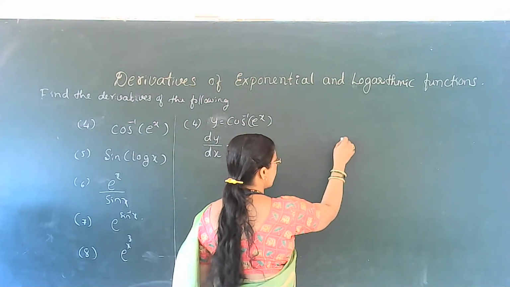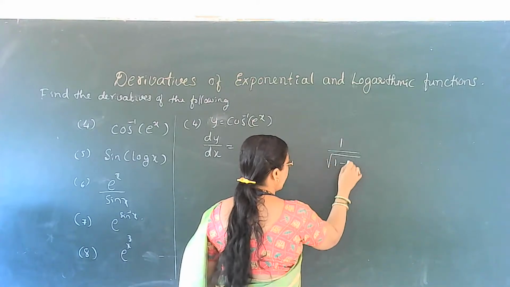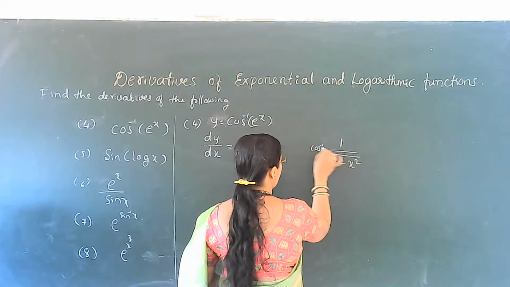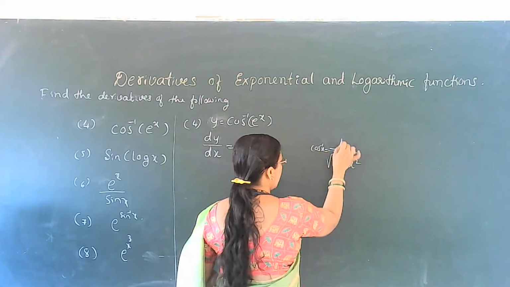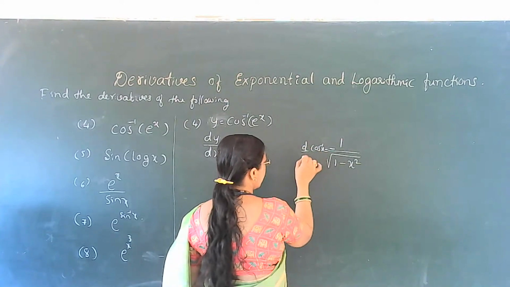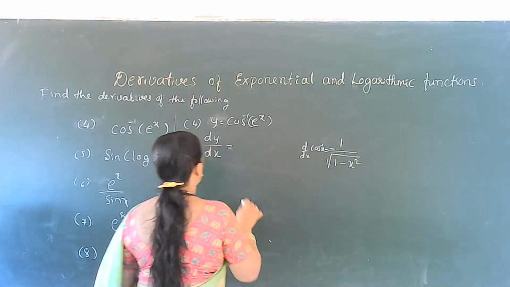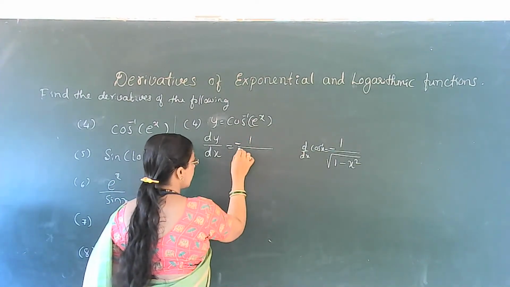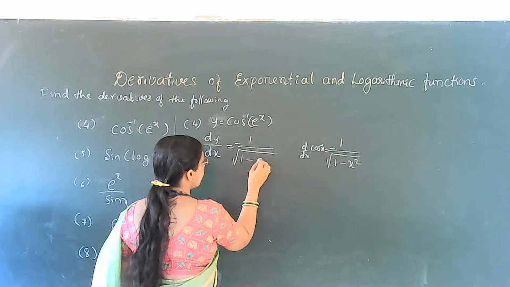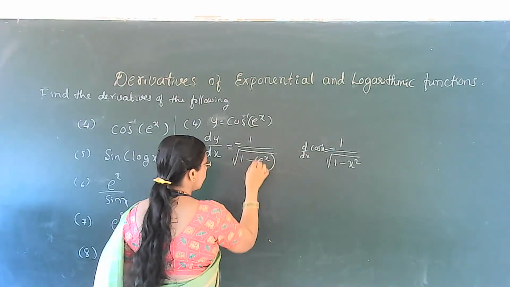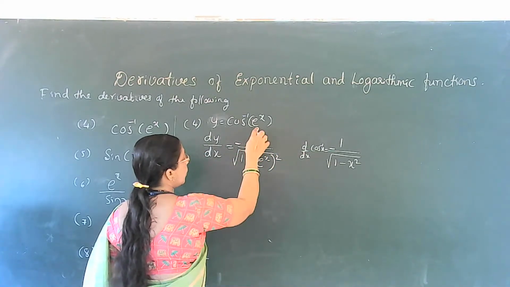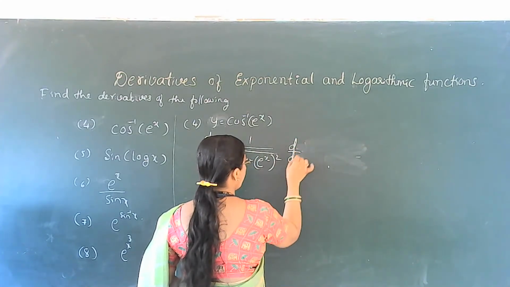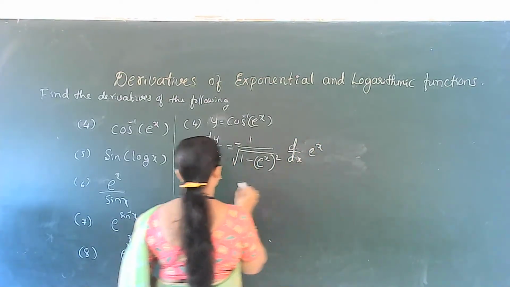The derivative of cos inverse x is equal to minus 1 by square root of 1 minus x square. Therefore, we write minus 1 by square root of 1 minus e to the power x whole square into the derivative of e to the power x, d by dx of e to the power x.